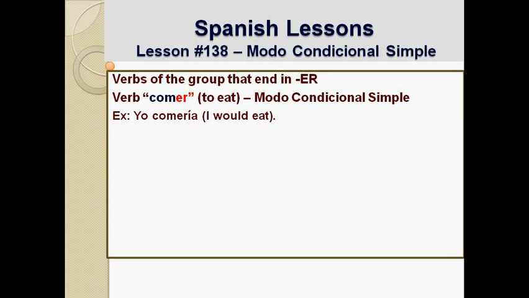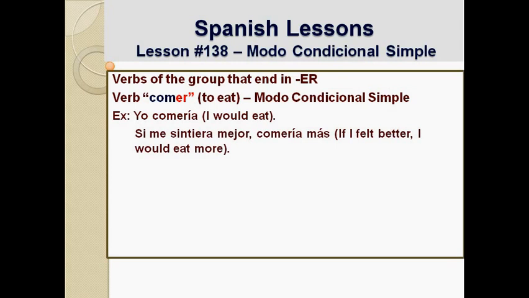Example, yo comería, or I would eat, right? We are still conjugating in modo condicional simple. Another example, si me sintiera mejor, comería más. If I felt better, I would eat more.